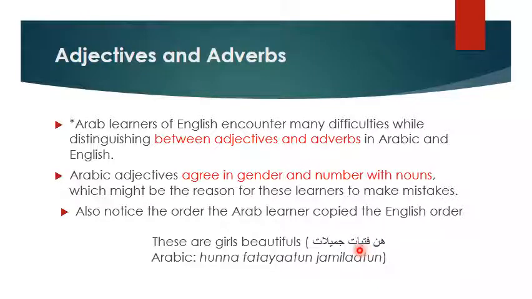Here we have فتيات جميلات, so the adjective comes after the noun. Here she did the same thing. She located the adjective just after the noun, which is supposed to be before the noun, right? So this is, as we said, the first error, related to word order.